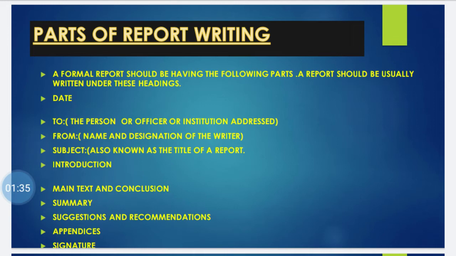Subject is also known as the title of a report, and it is very important to write it in just one single line. Number fifth, introduction. Number six, main text and conclusion. Number seven, summary.